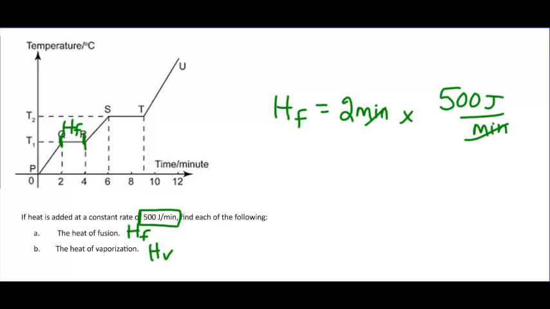So if every minute's 500 joules and it takes 2 minutes, then how much energy have you added? I can do that one in my head. 1,000, right? So the heat of fusion here, the energy, it's actually a better way to say it. The heat needed to melt, it's really not the heat of fusion, but it would be 1,000 joules. It's not really the heat of fusion, but we can calculate it. The energy needed to melt is really what it is.